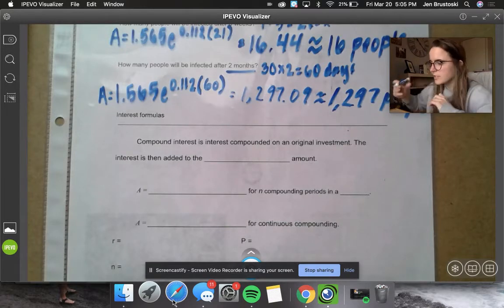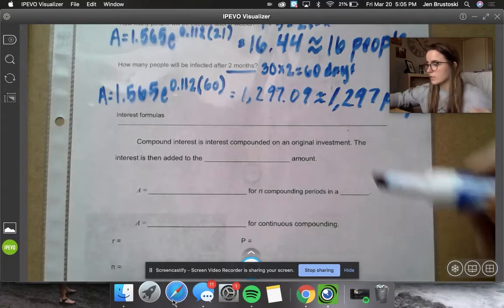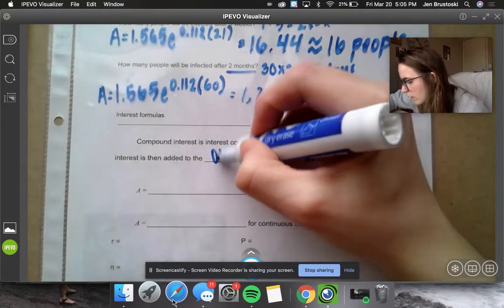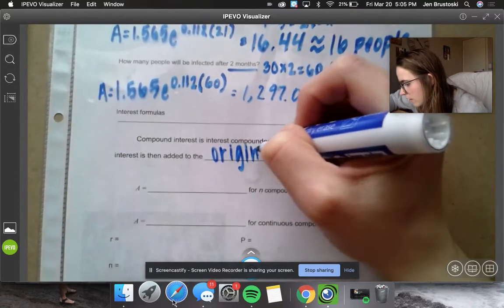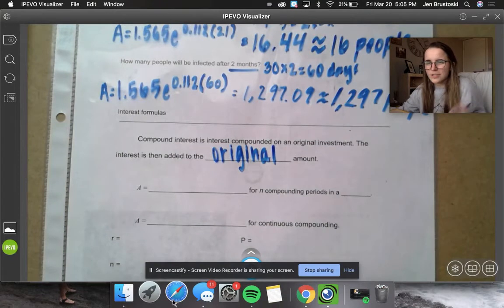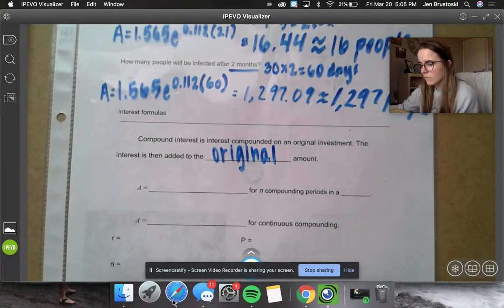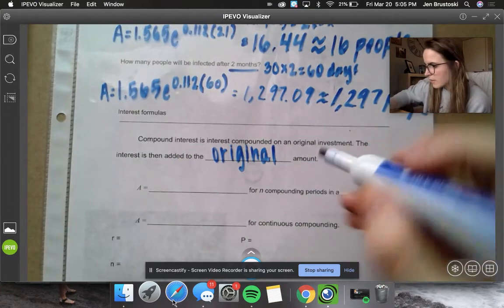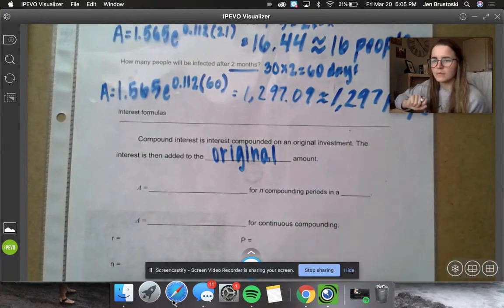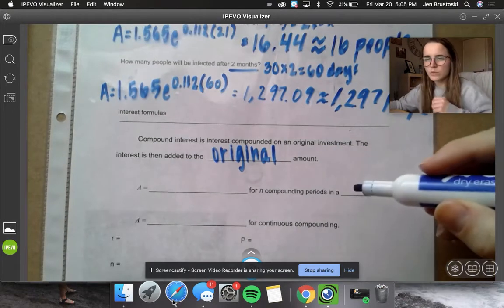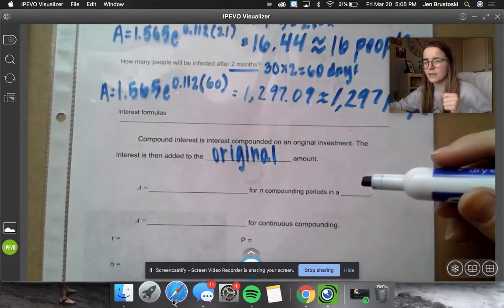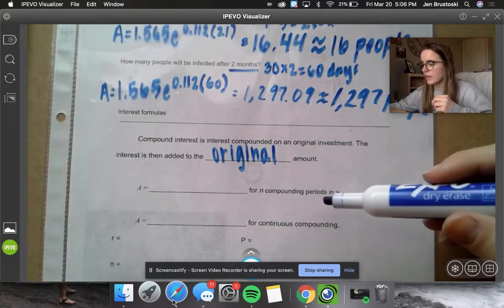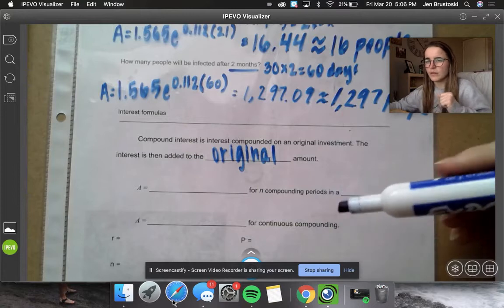So compound interest is interest compounded on an original investment, and then that interest is added to the original amount. So these equations do that for us. It's a plug and chug yet again. All right, so here's our equations. There are two types of compounding interest. There's ones where we have it continuous, it's just always compounding, or we have where we have a certain amount of compounding periods in a year.